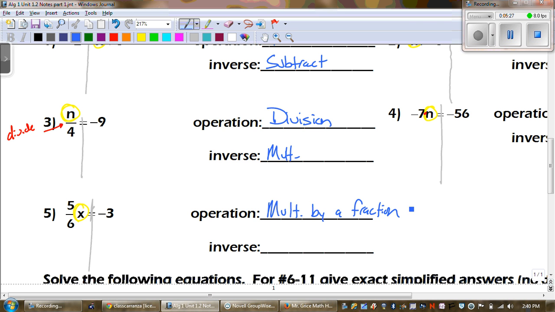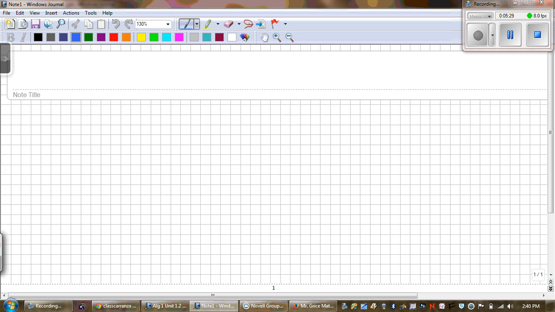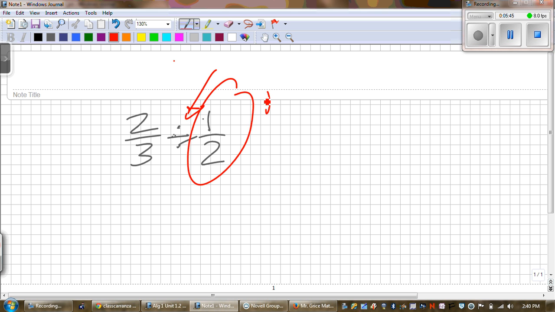Let's draw a quick example. Say we've got the problem 2/3 divided by 1/2. We're dividing by a fraction, but we talked about how when you see division by a fraction, we actually have to flip it, and the problem changes to multiplication.